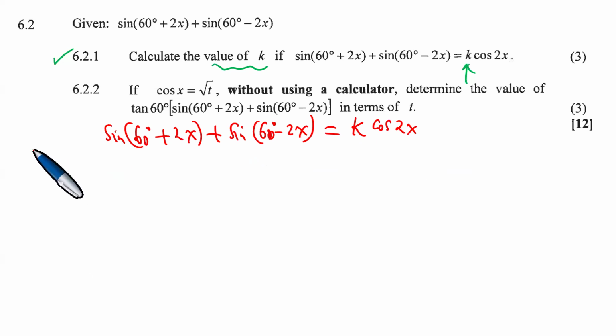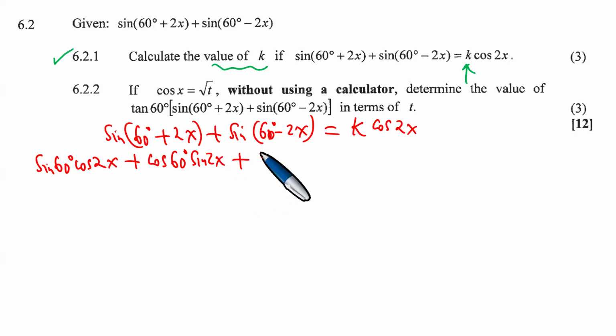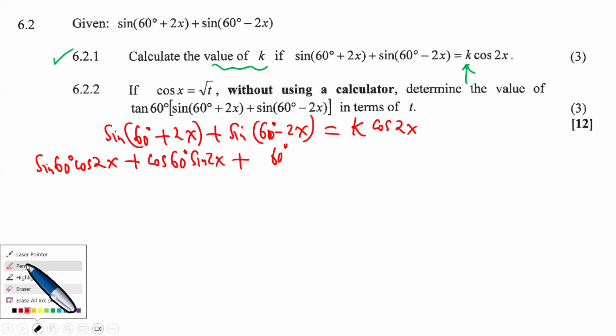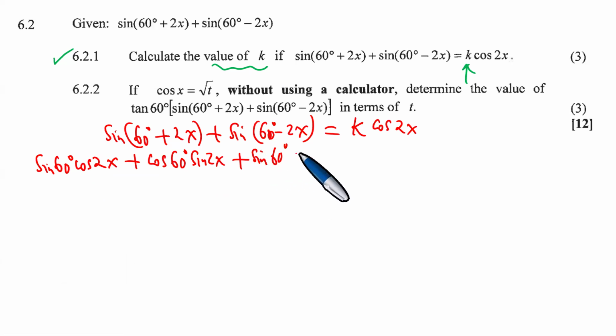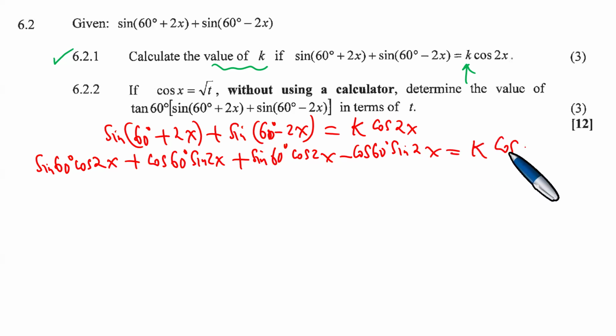The sine here can be further expanded to the sine of 60 degrees cosine 2x plus cosine 60 degrees sine 2x. Then for the other one, we have the sine of 60 degrees cosine 2x minus cosine 60 degrees sine 2x, and the result is k cosine 2x.